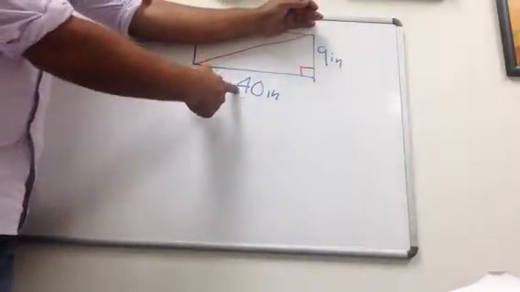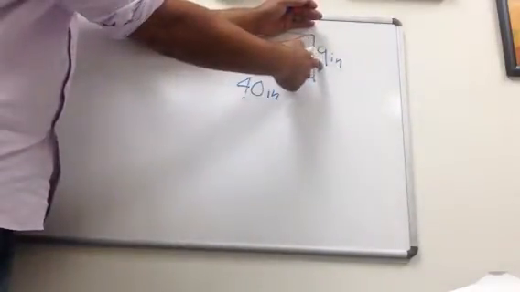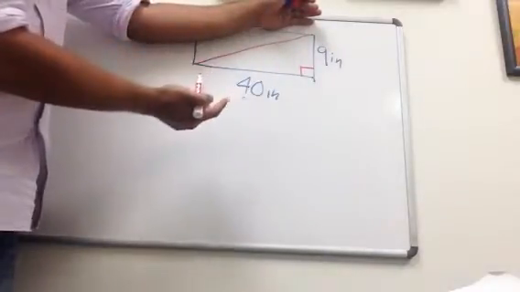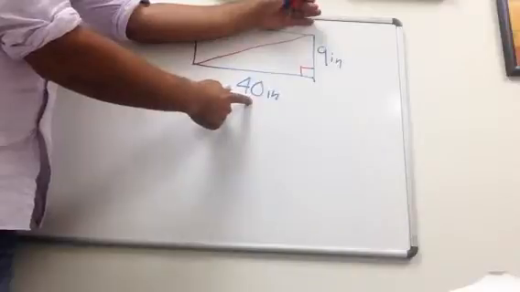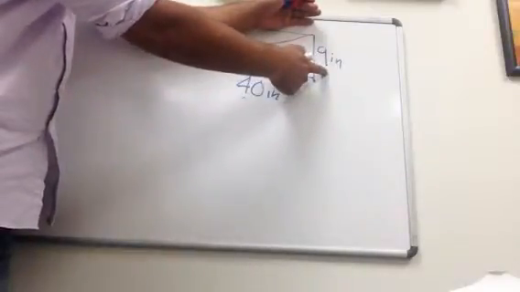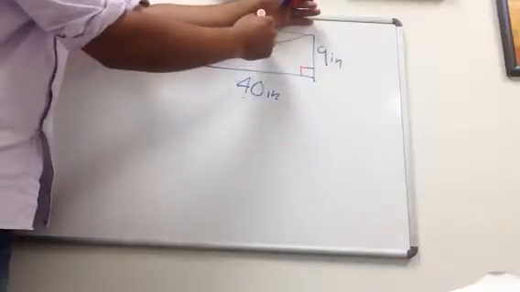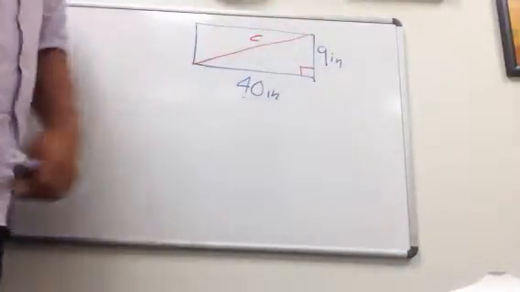So if I know this side, I know this side, I can actually know the longer side of that rectangle because I know the relationship that a squared plus b squared is going to equal this side. I'm going to call it c, which is the diagonal.